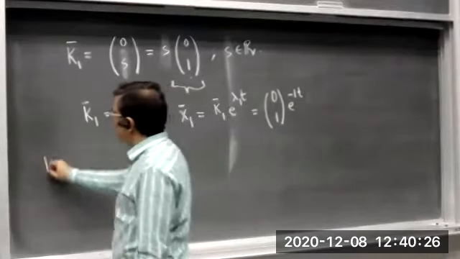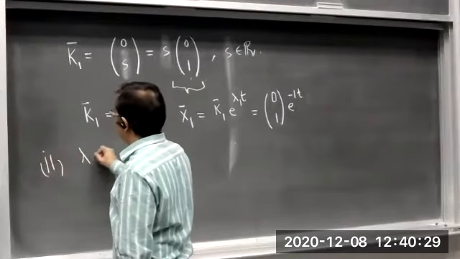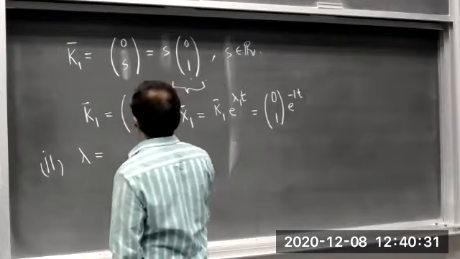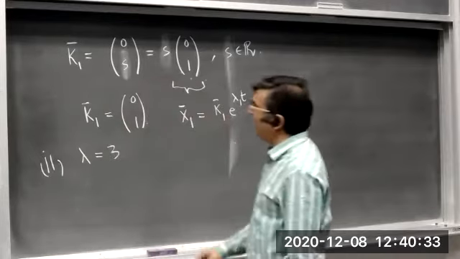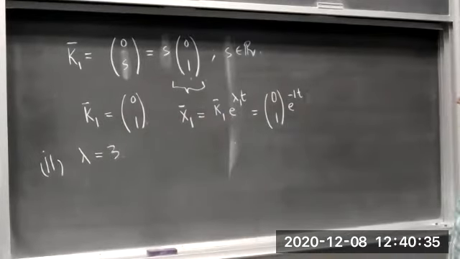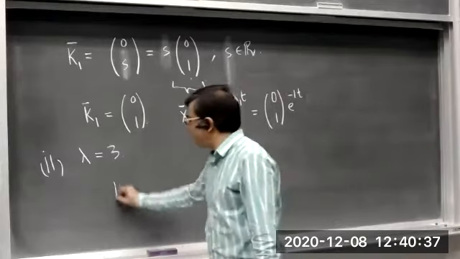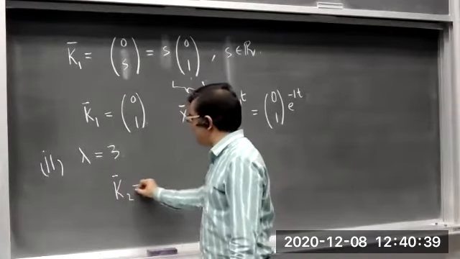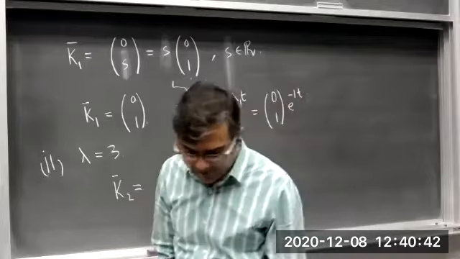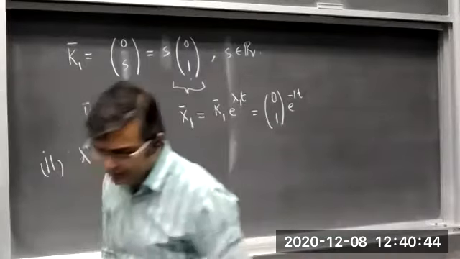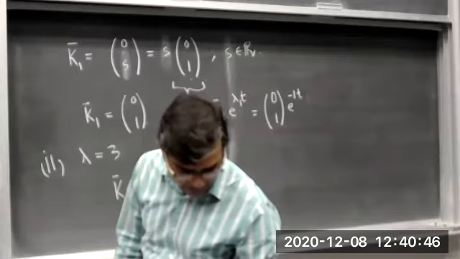Now for the other value of lambda, which is lambda equal to 3, we go in a similar way to find k2, the second eigenvector, and I hope you can find it in a similar manner.